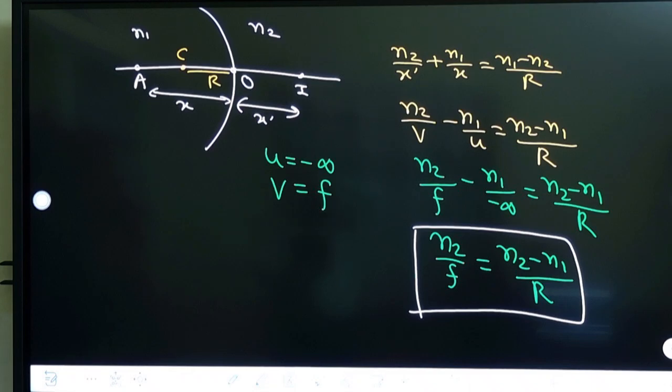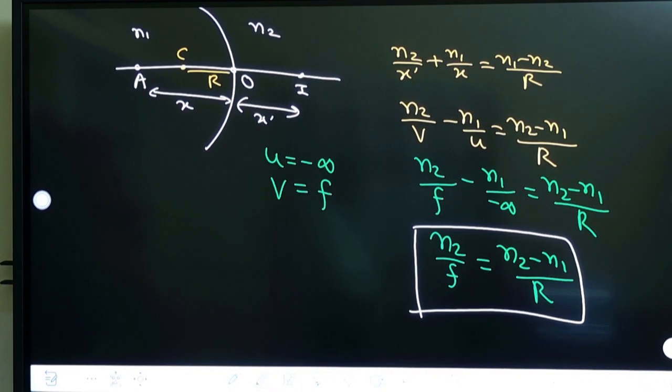Power of a refracting surface. This power is defined based on reduced focal length, defined in a different manner. We have to understand this concept of principal foci. There are two principal foci, F1 and F2, that we need to understand.